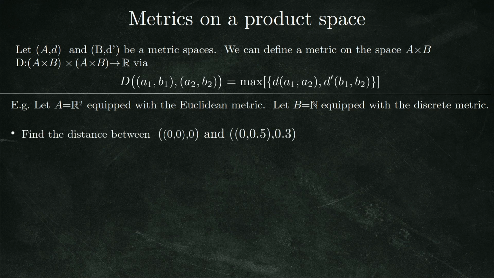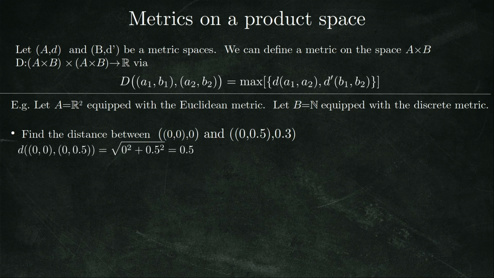Firstly, let's find the distance between (0, 0, 0) and (0, 0.5, 0.3), where the points (0, 0) and (0, 0.5) are both in A, since A is R squared, and 0 and 0.3 are both in B.